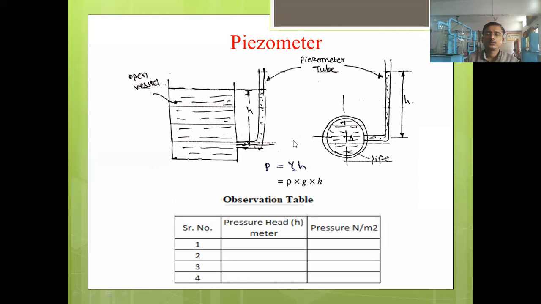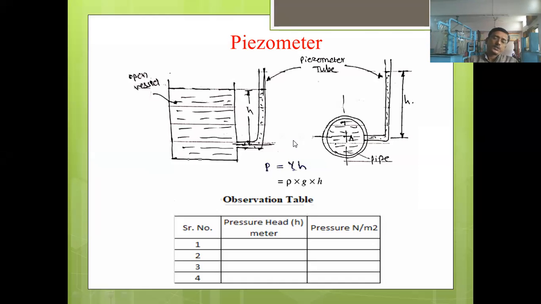Draw the observation table, 3 columns, 5 rows. First column serial number, second column pressure head in meters, and third column pressure intensity in Newton per meter square. Then in row number 2, serial number 1, 2, 3, 4, like that. You have to note down the readings.